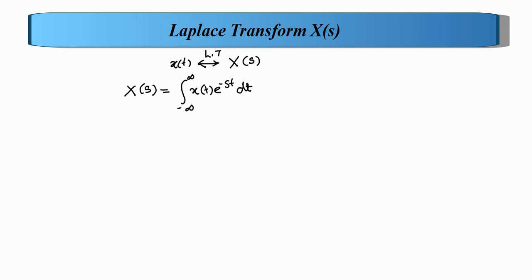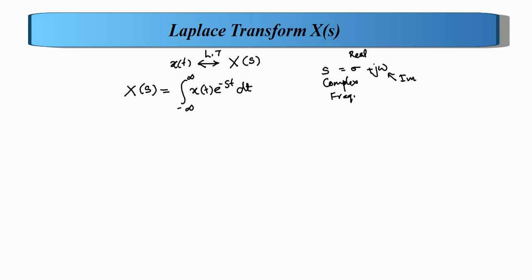Here we define a new variable which is s, and this s is defined as a complex variable, which is defined as sigma plus j omega, and it's a complex frequency. Sigma is the real part, and omega, with j, is the imaginary part.